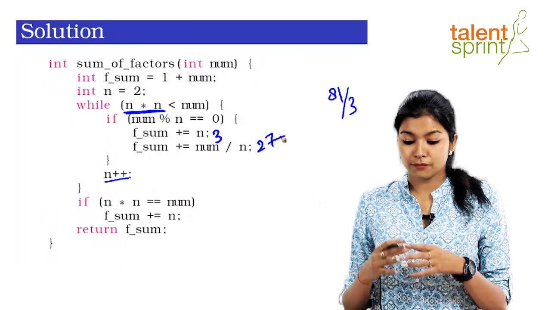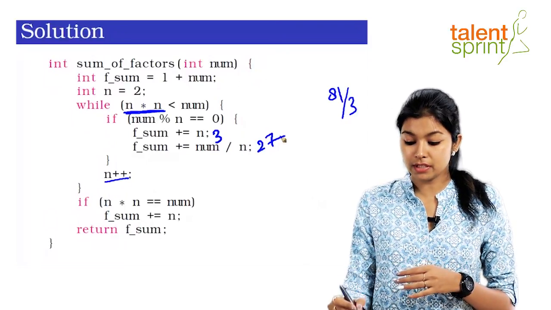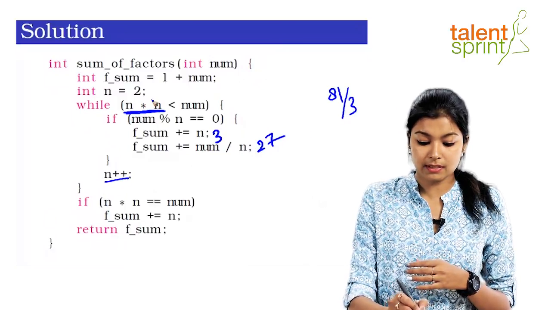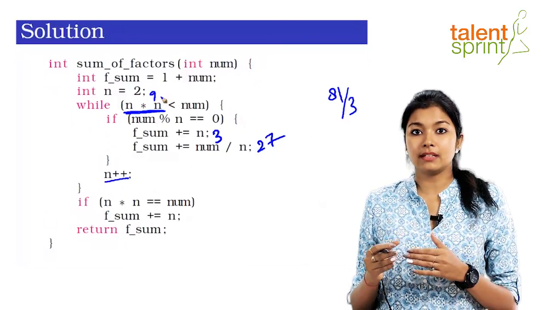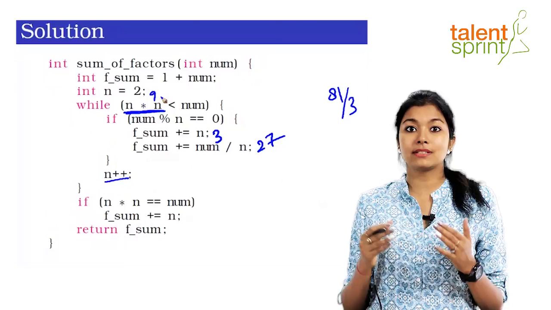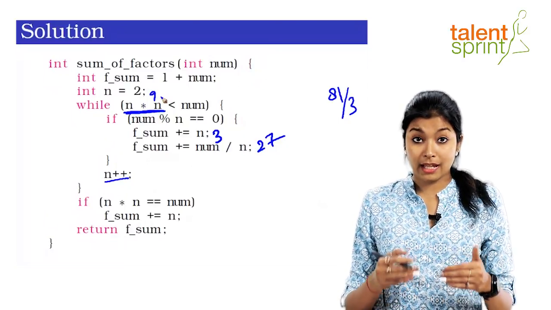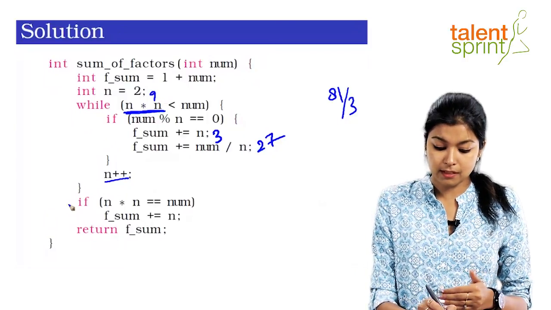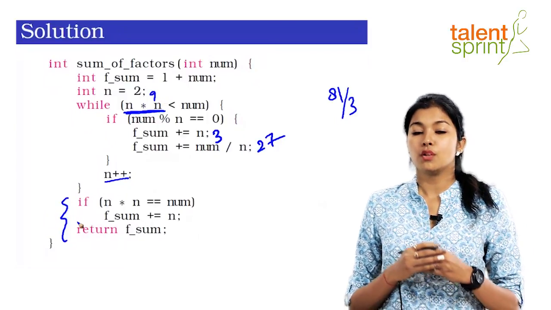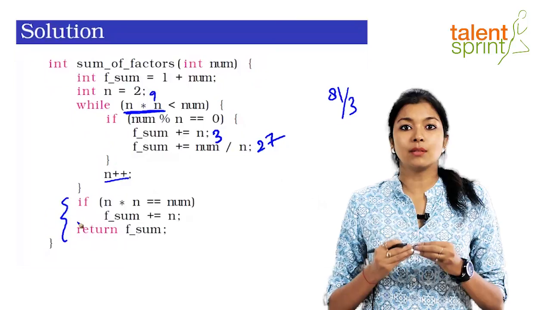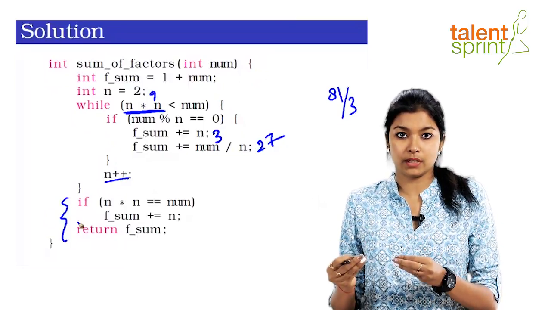Now finally, for this particular case, when we reach 9, so when n is 9, 9 into 9 is not less than 81. Now it is equal to 81. So we will exit out of this first while loop. And now we will go into the second if condition that we have here, which is simply for the numbers that are perfect squares like 81.